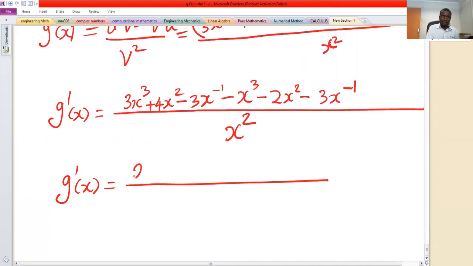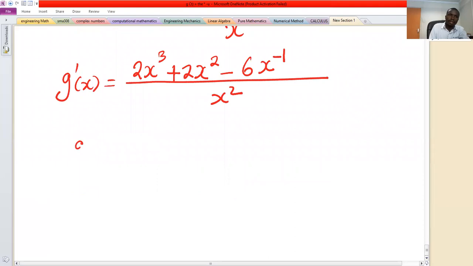So this will be 2x to the power 3 plus 2x squared plus 1, divided by x squared.